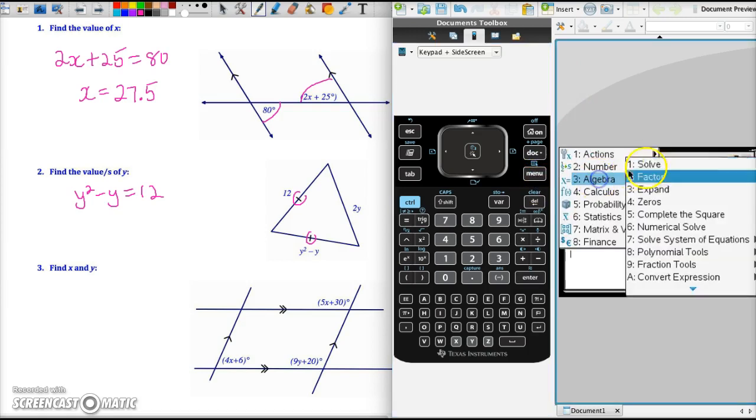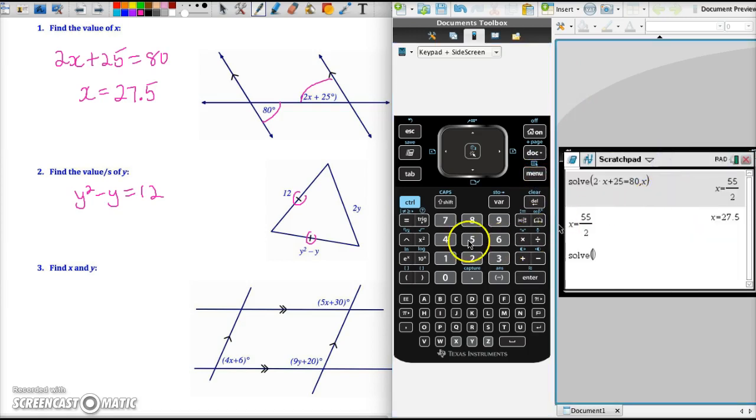I'm going to go menu, algebra, solve, and I'm going to type in this equation. So we have y squared minus y equals 12.